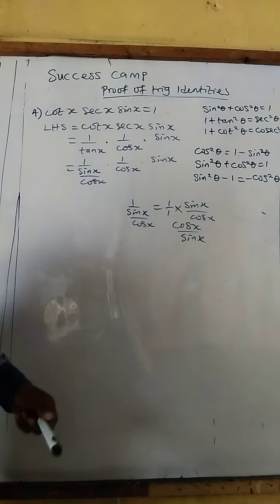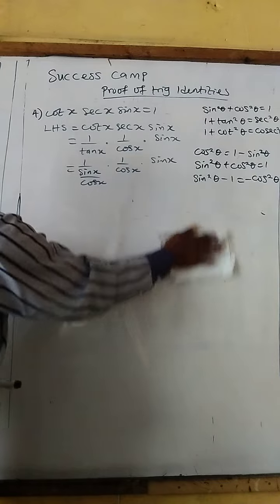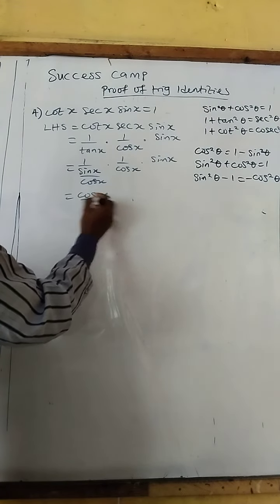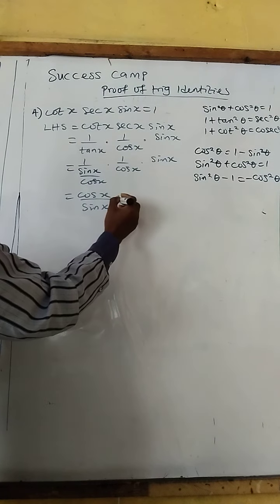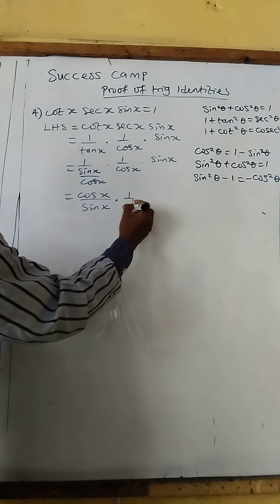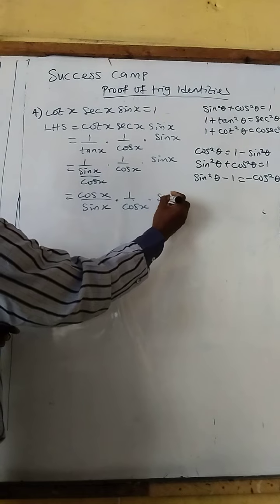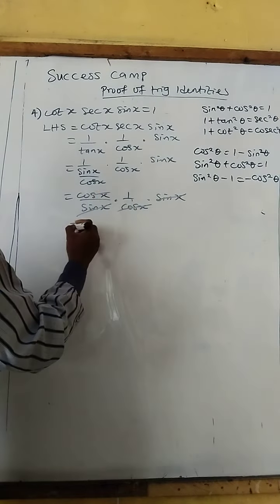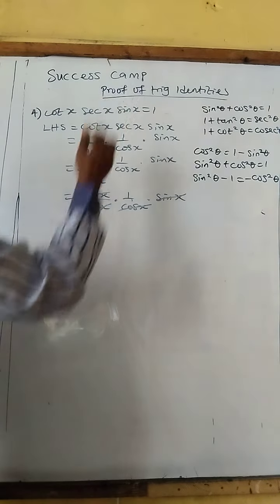That way I can write the whole of this thing as cos x over sin x times 1 over cos x times sin x. Cancel this, cancel this, cancel this, cancel this. Everything we have is 1. So all of this equals 1.